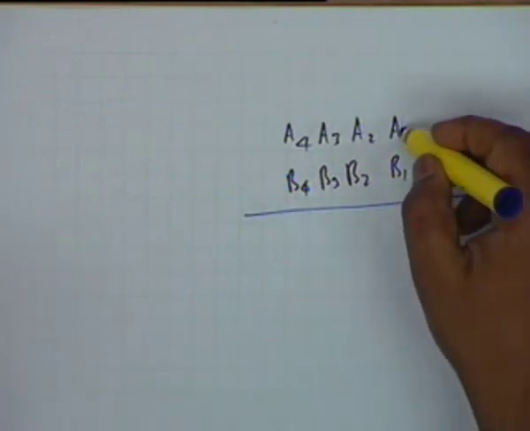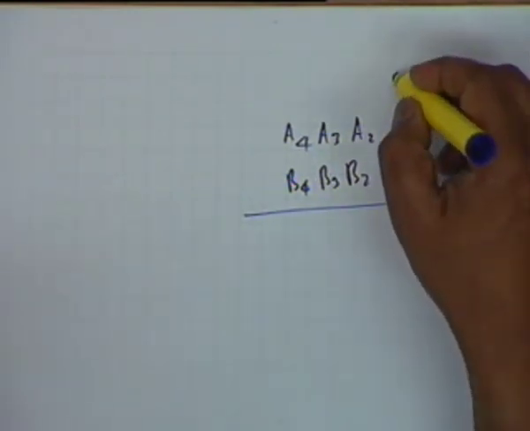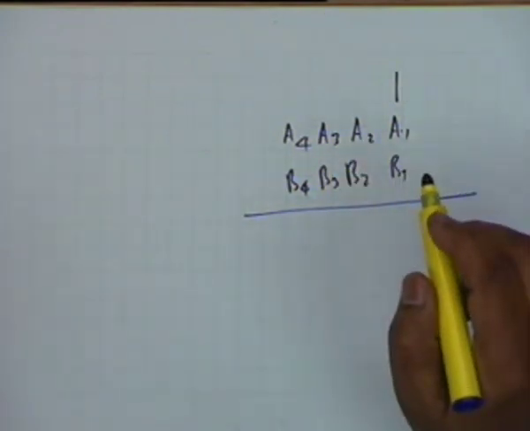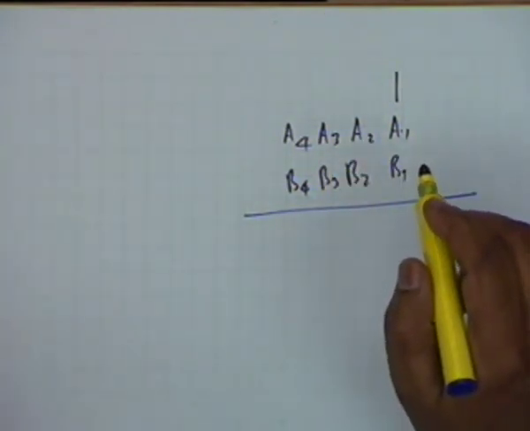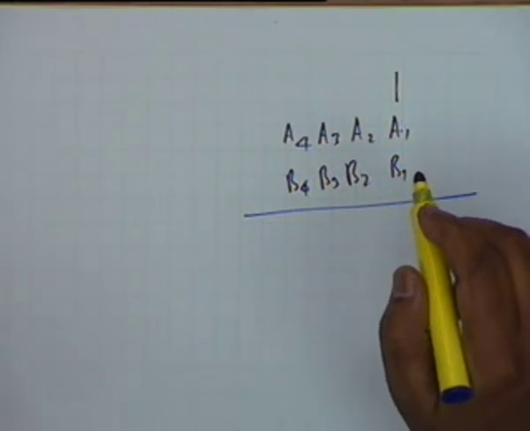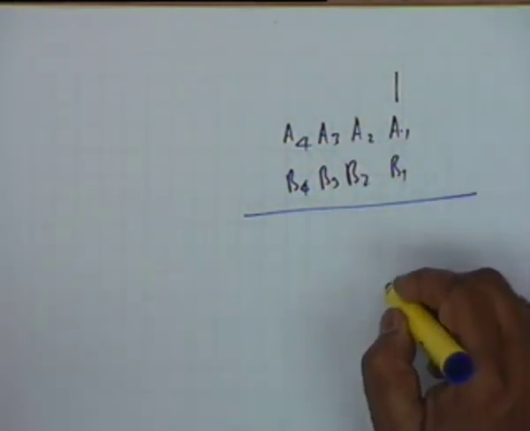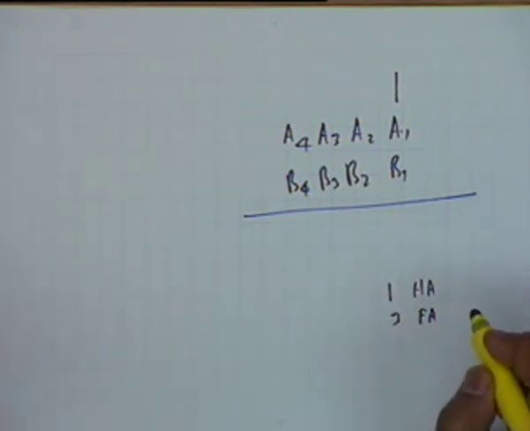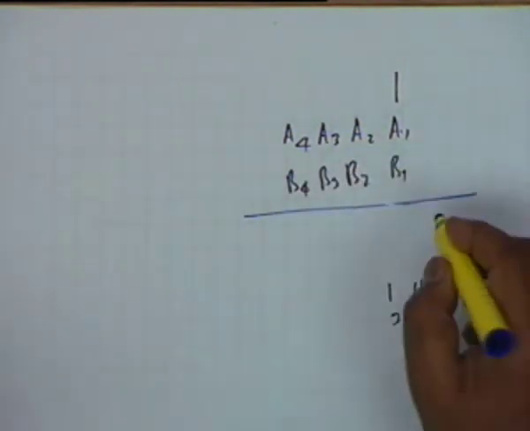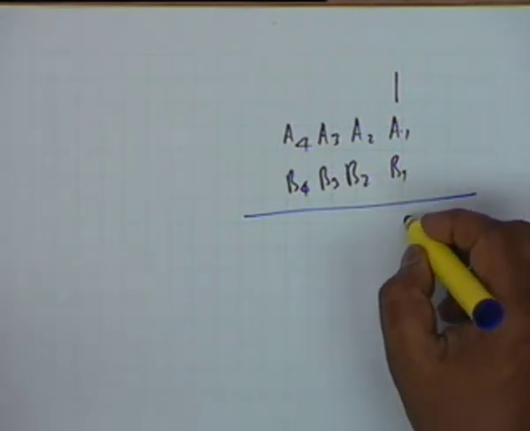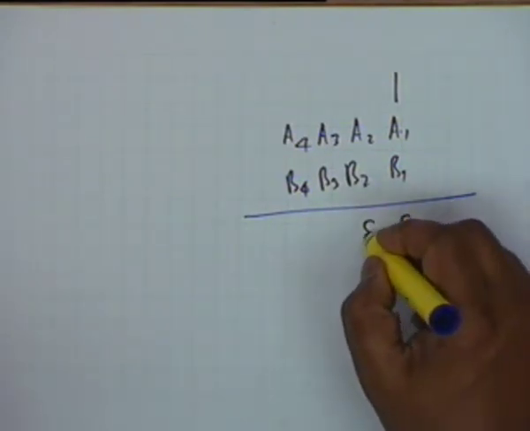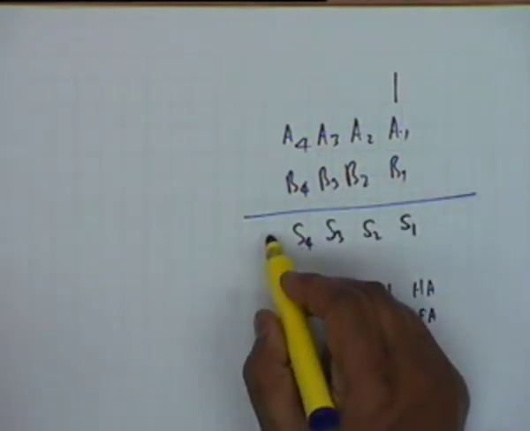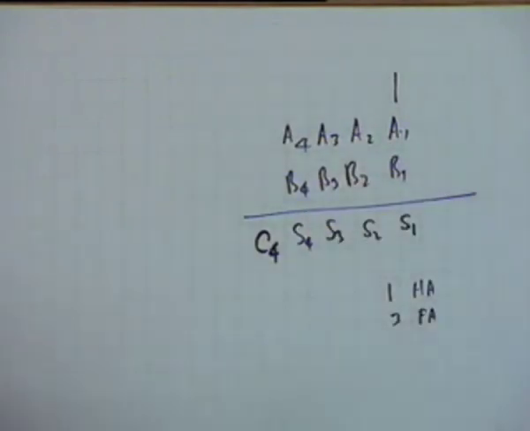A half adder is required only for the first column. For the others I require how many? Obviously 3 full adders. So I require 1 half adder and 3 full adders. The result would be sum 1, sum 2, sum 3, sum 4 and the carry of the 4th.